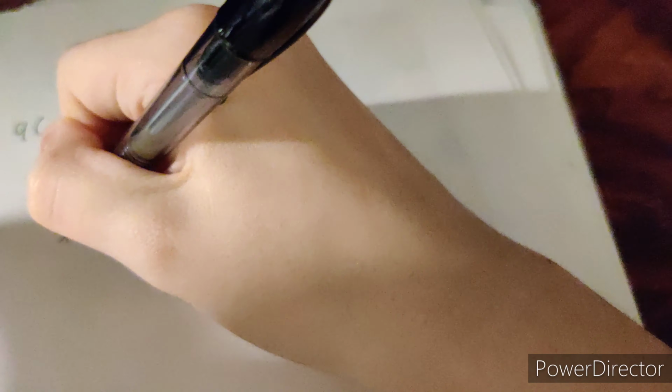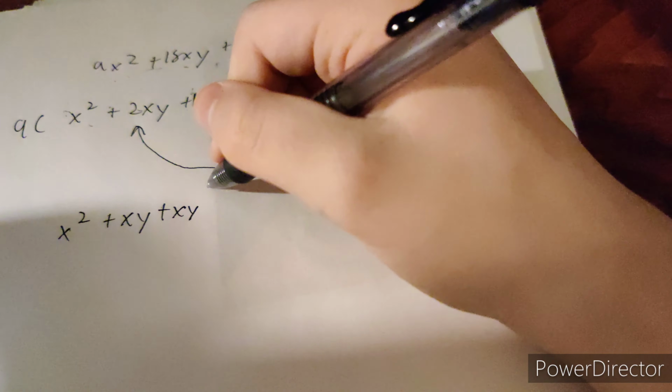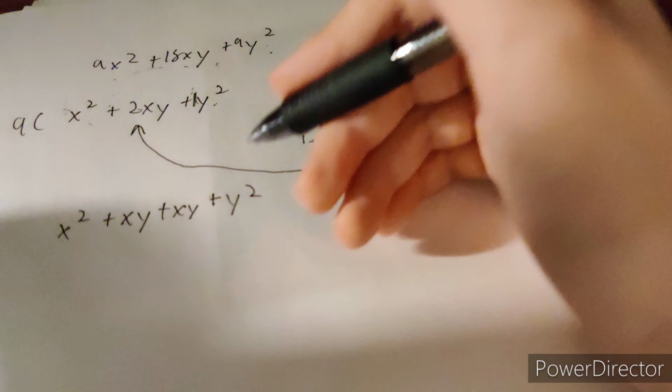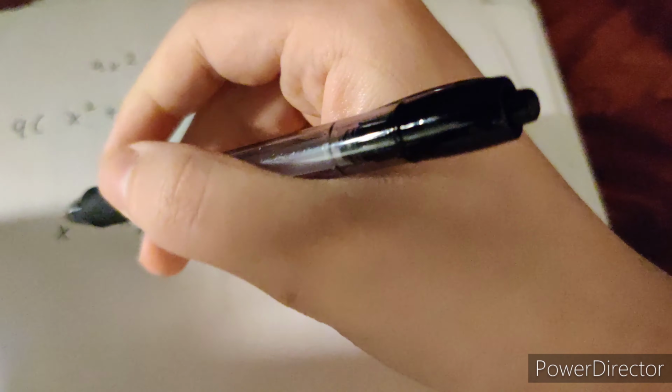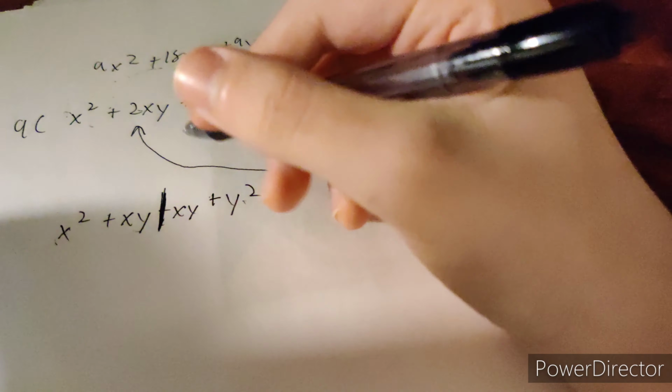So what does this mean? We could rewrite it as x squared plus xy plus xy plus y squared. And now we could find the GCF of these things, because when we split it in half, you could take the x from this side and you could take the y from this side.